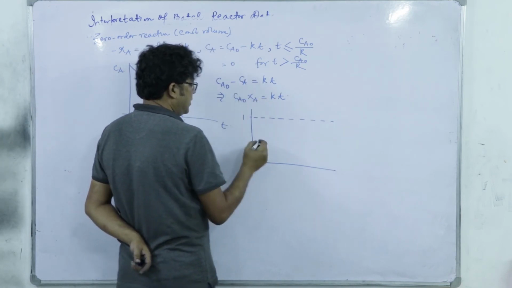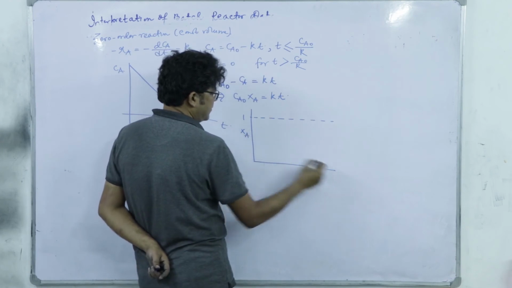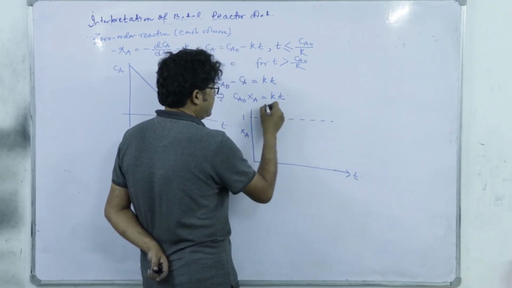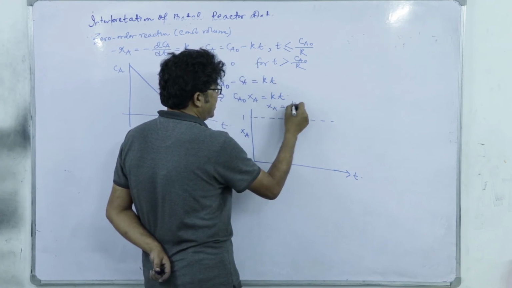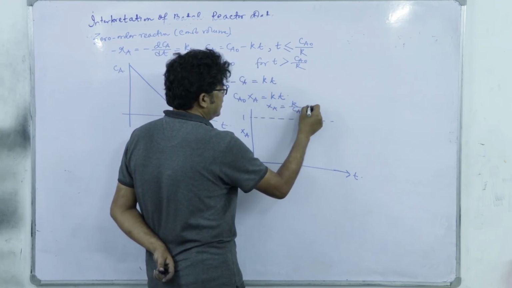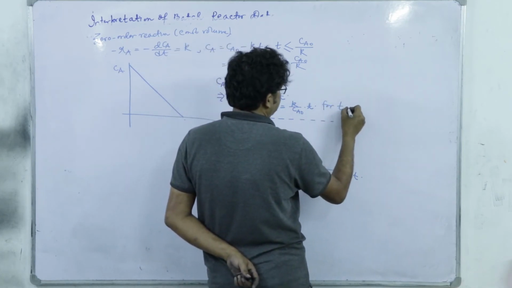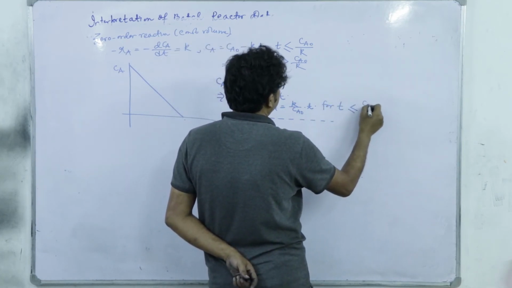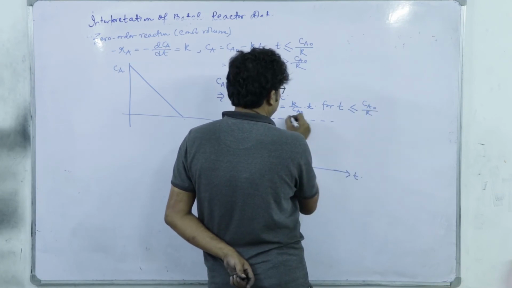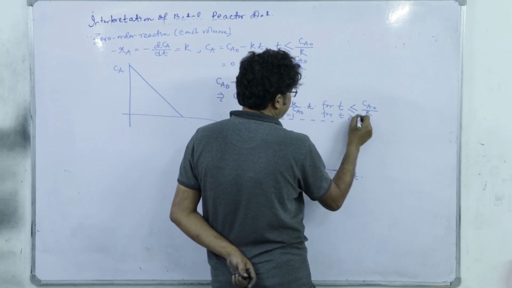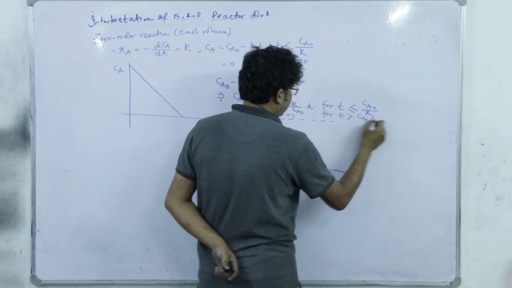If you are plotting Xa versus t, Xa is equal to k divided by Ca naught into t for t less than or equal to Ca naught by k, and this will be equal to 1 for t greater than Ca naught by k.